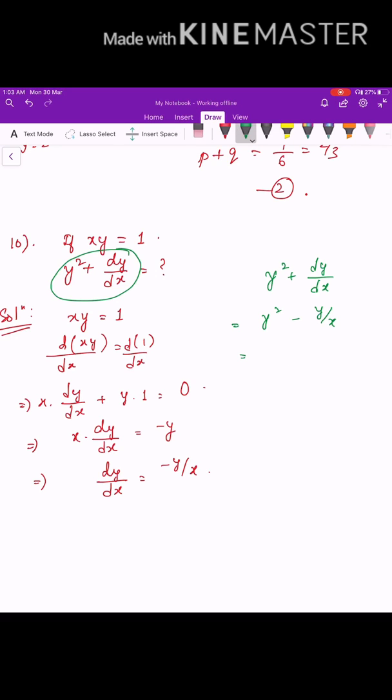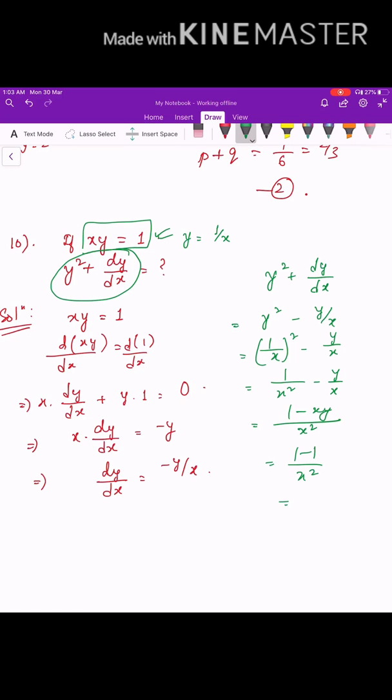Now, x into y is equal to 1. So what is y? y is equal to 1 by x. So what will be y square? 1 by x whole square, right? So 1 by x square minus y by x. Now LCM becomes easier. 1 minus x into y. Now x into y is equal to 1. So I substitute the value of xy as 1. 0 by x square. So it's 0. So option B.